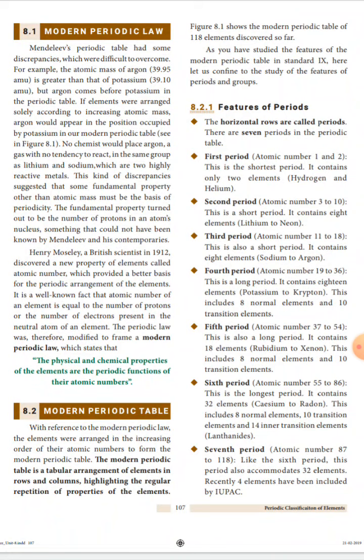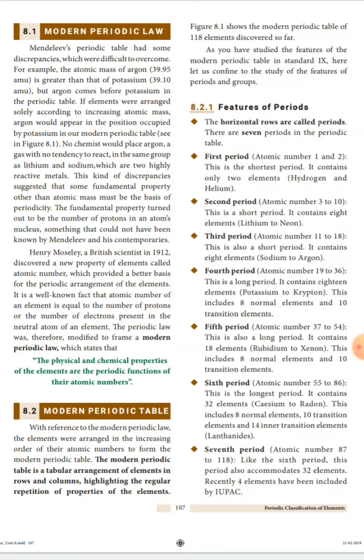It is given that the modern periodic table is a tabular arrangement of elements in rows and columns, highlighting the regular repetition of properties of the elements. And who devised the modern periodic table?